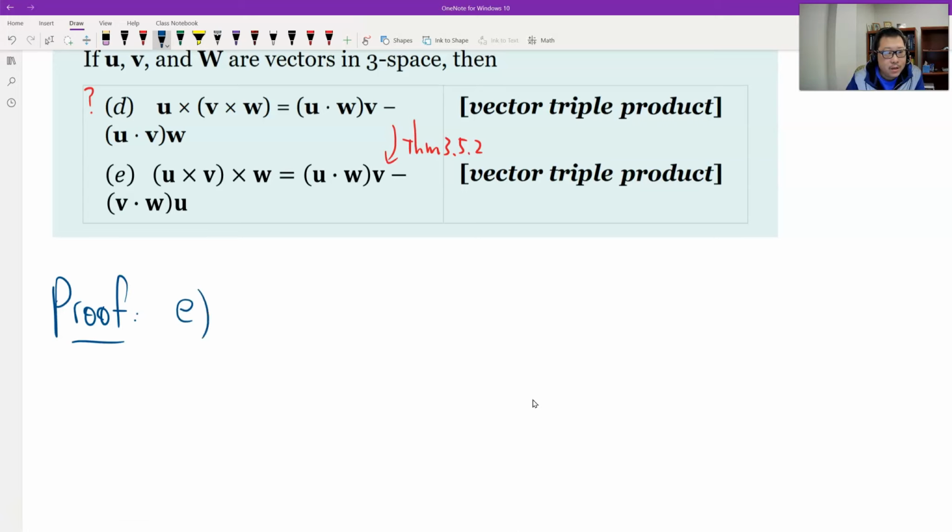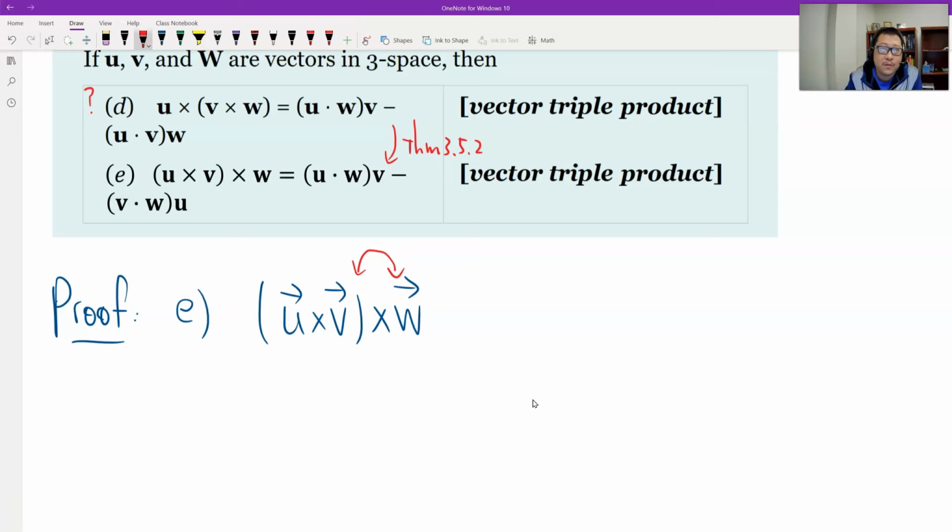So for E, first we go from the left. The left is U cross V cross W. If I need to use the result of D, we have to switch the order of these two, and that's anti-commutative.